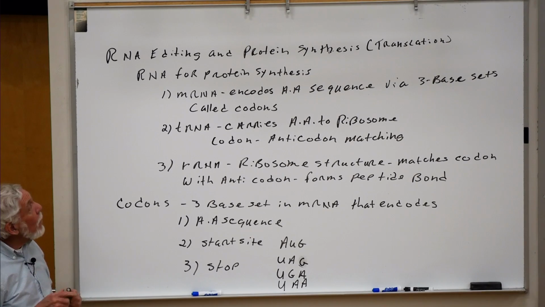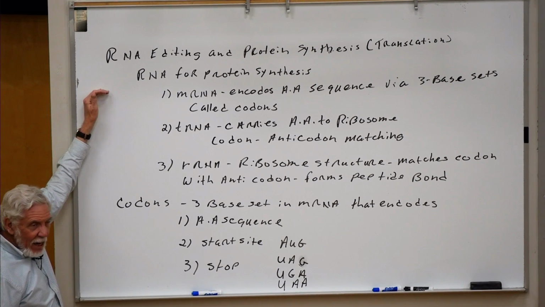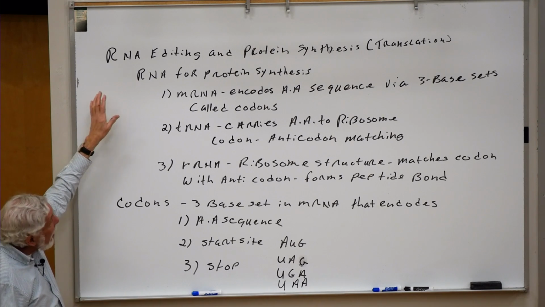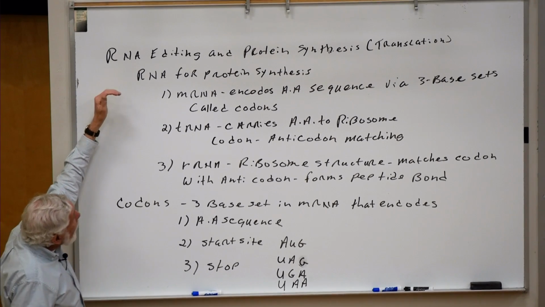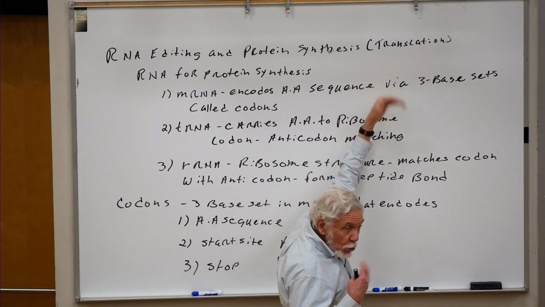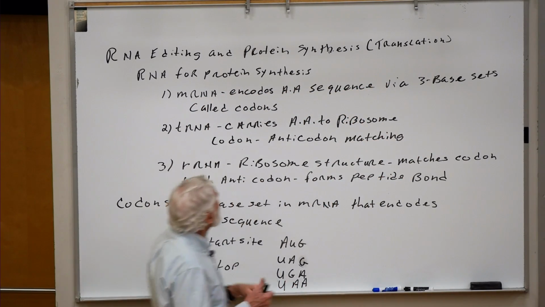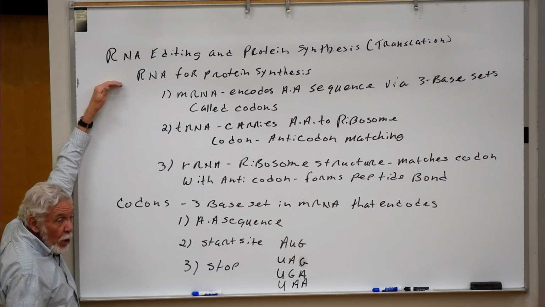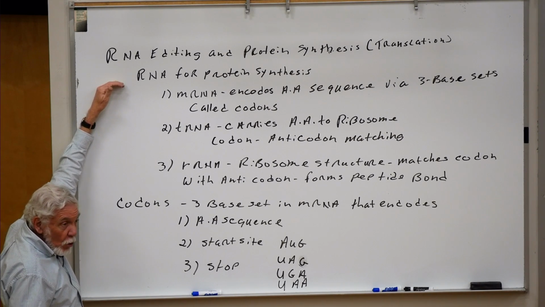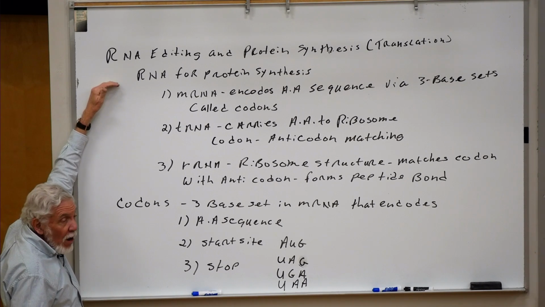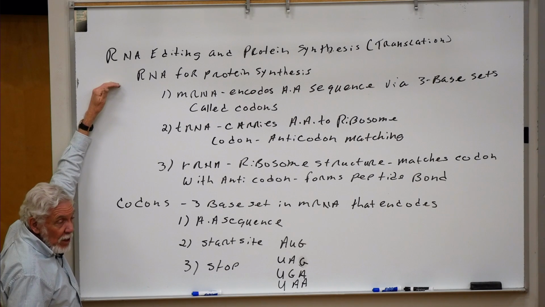So last time we'd gotten to the point of RNA editing, and I'll try to summarize what we talked about on RNA editing last time on a slide at the beginning. But most of what we're going to talk about today is protein synthesis. But the two lectures are in fact linked because the mRNA, which has been synthesized in the nucleus, must leave the nucleus and go out into the cytoplasm to provide the substrate for protein synthesis.